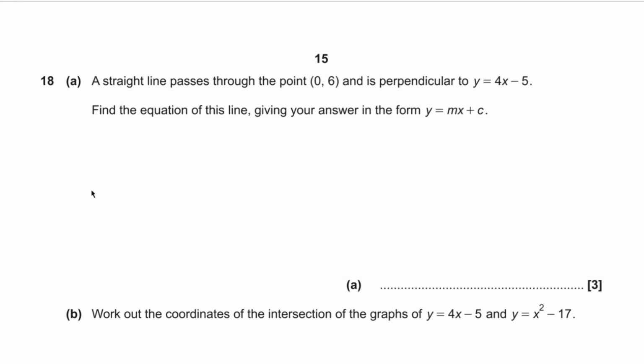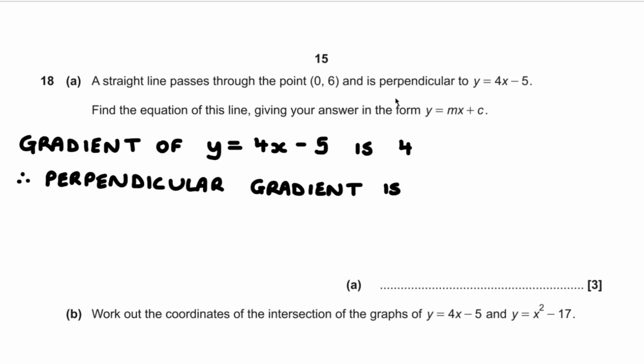Question number 18, part A. A straight line passes through the point 0, 6 and is perpendicular to y equals 4x minus 5. We have to find the equation of this line, giving an answer in the form y equals mx plus c. Well, what we need to do to begin with is find the perpendicular gradient. If the gradient of y equals 4x minus 5 is 4, the perpendicular gradient will be given by the negative reciprocal of this, which is negative 1 over 4.